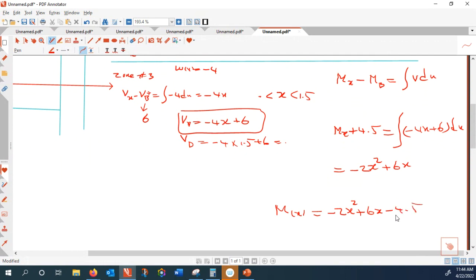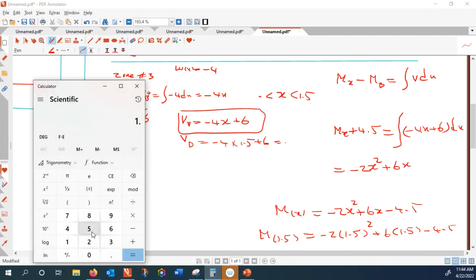So if I plug x equal to 0, that is minus 4.5. And if I plug x equal to 1.5, that is M of D. Plus 6 times 1.5, minus 4.5, that's 0, right?